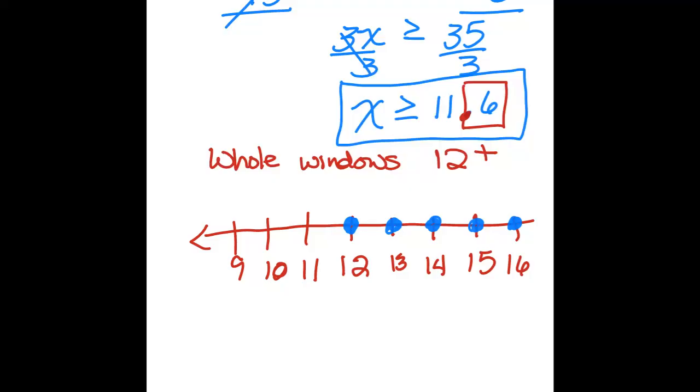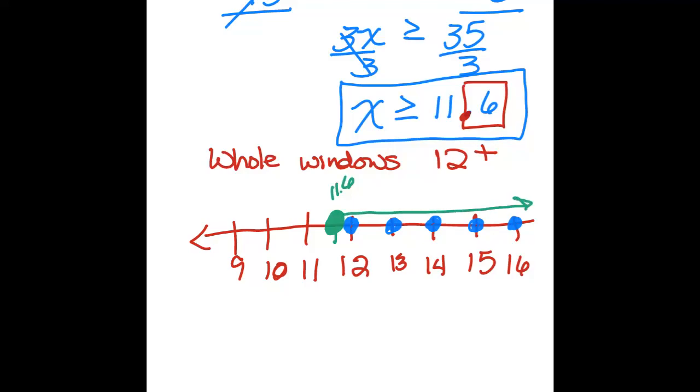In the math world, we would say 11.6, and we would put a closed circle. Shh, Harlan. At least I got your name right this time.